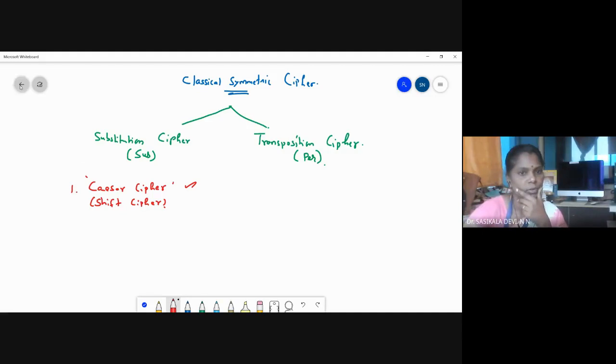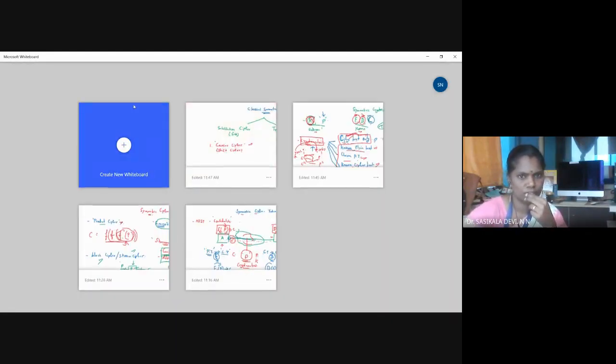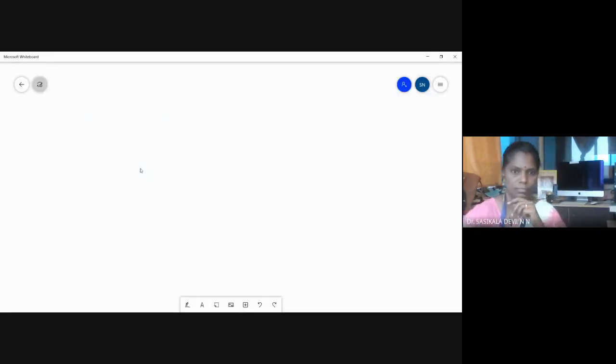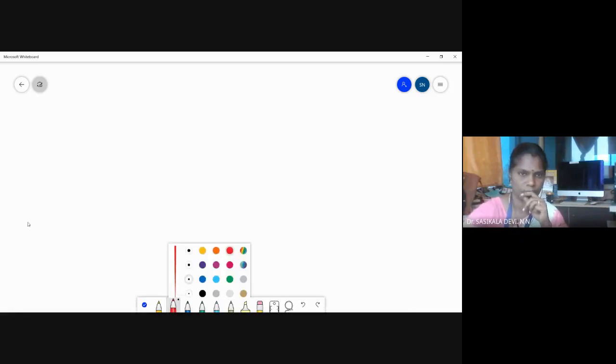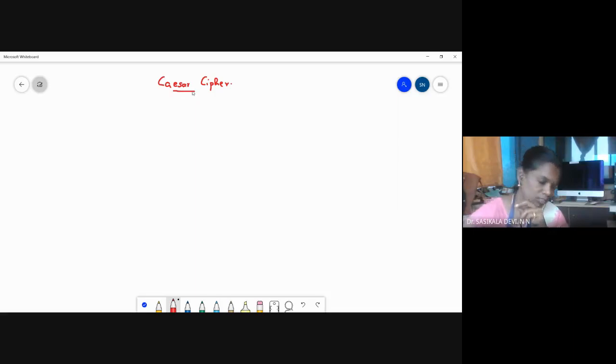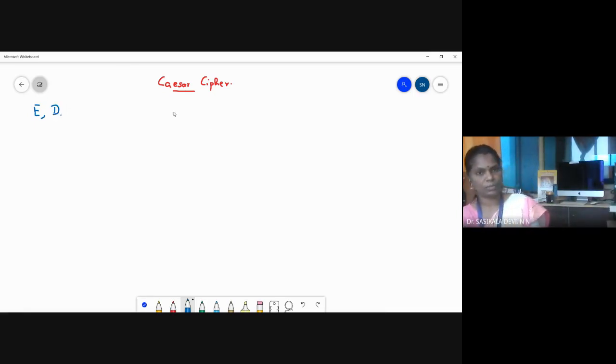Let me get it on your slide here. Caesar cipher or shift cipher. Whatever the cipher may be, we have to define 2 things: the encryption algorithm and the decryption algorithm. Caesar cipher is for the English alphabet. The encryption algorithm is very simple.